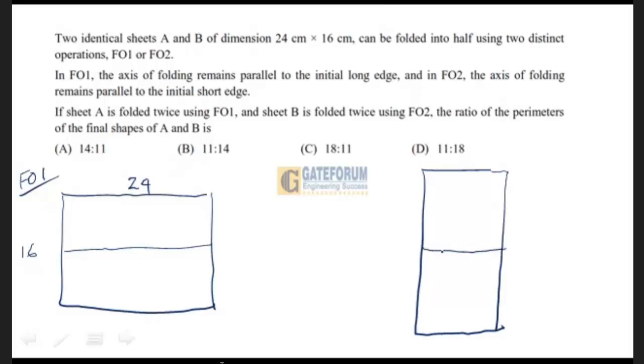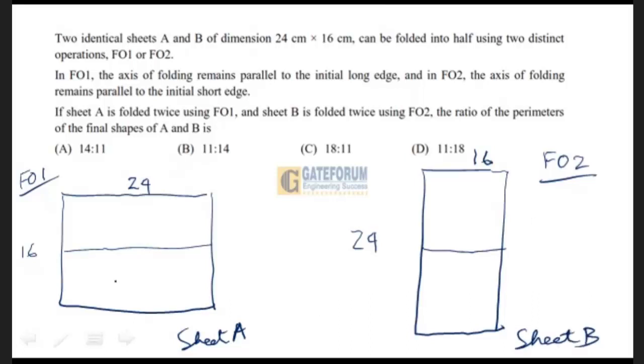So this is the folding done. This is the 16 and this is the 24. This is FO2. Okay, so what has been said? If sheet A is folded twice using FO1, okay, so this must be sheet A. And sheet B is folded twice using FO2, so this must be sheet B. So let us find, first let us fold.